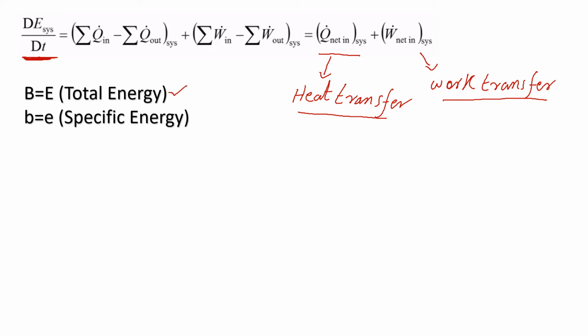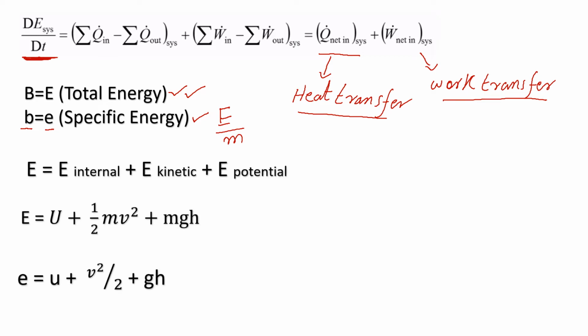This is the extensive property, this is the intensive property. Our extensive property is our total energy, and our intensive property is our specific energy, that is total energy per unit mass. But what will this total energy be equal to? Let's look at those terms.